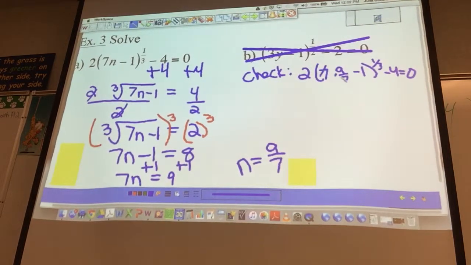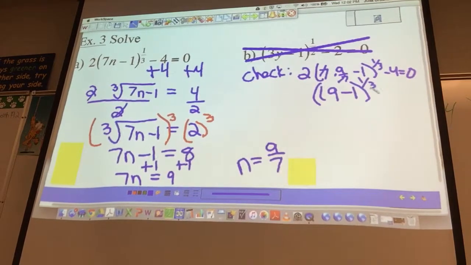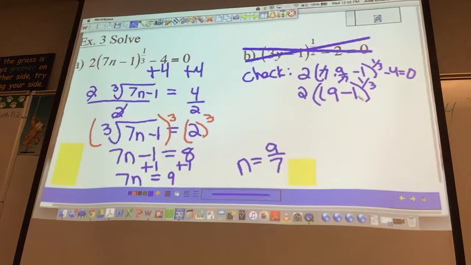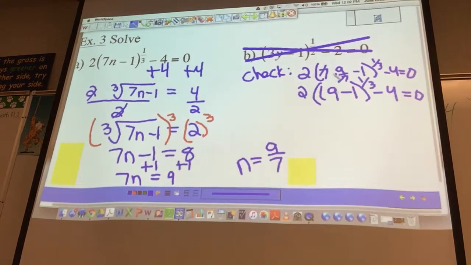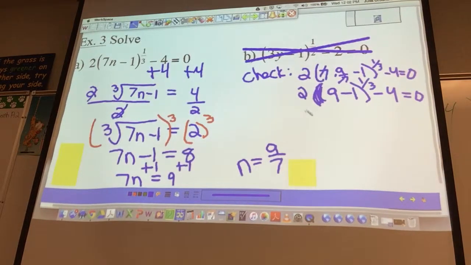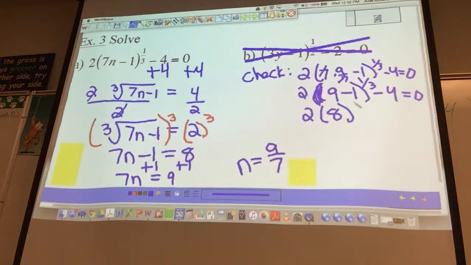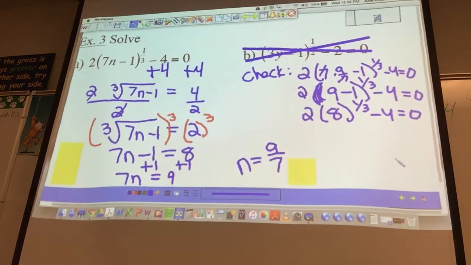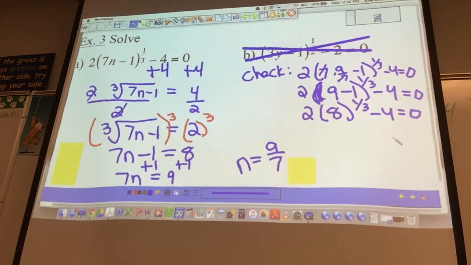Yep, the 7s will cancel and you've got 9 minus 1. That whole thing is to the 1/3. It's going to be 8. Good, and then we'll take the third root of that. All I did was reduce the fraction right there. Now inside the parentheses, we have 8 to the 1/3, and then we still have minus 4 equals 0. We're not solving now, we're doing PEMDAS.